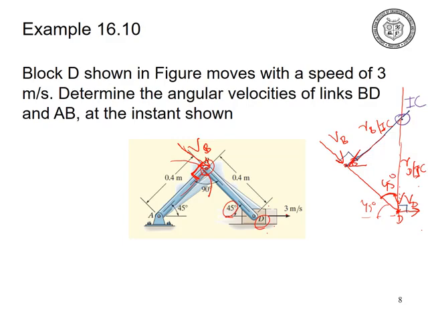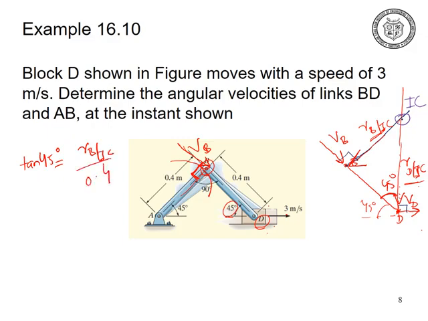How can we find the magnitudes of RB with respect to IC and RD with respect to IC? By using geometry and trigonometry, we can find them. What is the tangent of 45 degrees? The tangent of 45 degrees will be RB with respect to IC over 0.4.